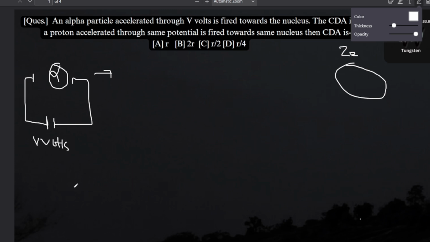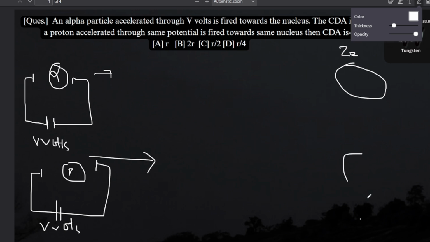Then the question is asking you, if instead of the alpha particle there was a proton at the same voltage, and it was fired at the same atom, and the closest distance of approach was given as r0.